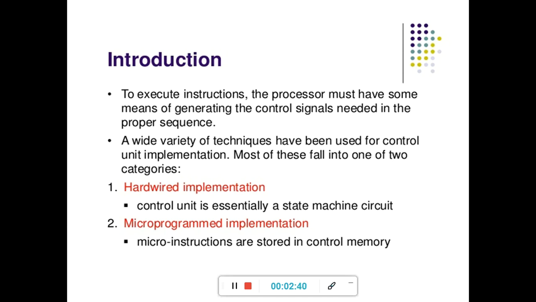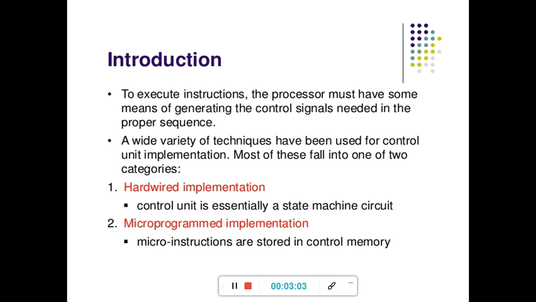It involves the control logic being implemented with gates. Gates means logic gates, flip-flops, decoders and other digital circuits. With the help of that, we can describe the hardwired implementation technology.